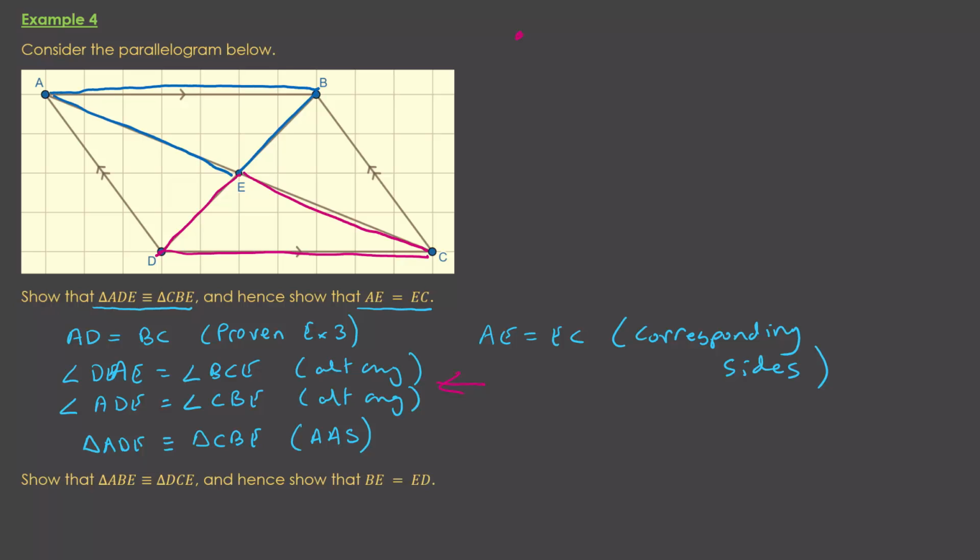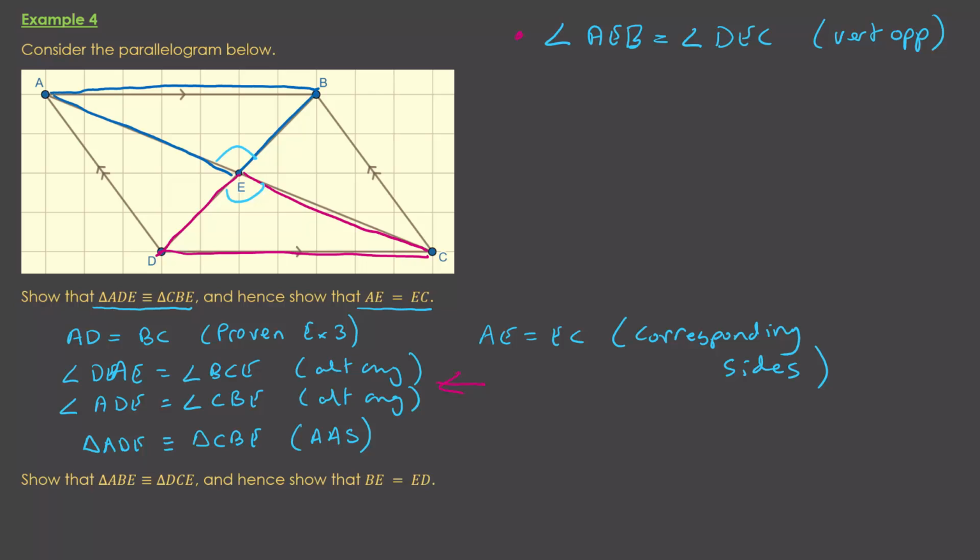So we could start with these two angles, and we could say angle AEB is equal to angle DEC, and those ones are vertically opposite.